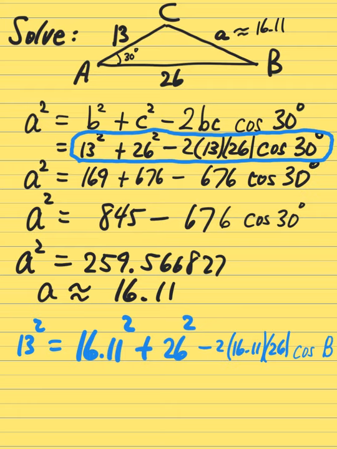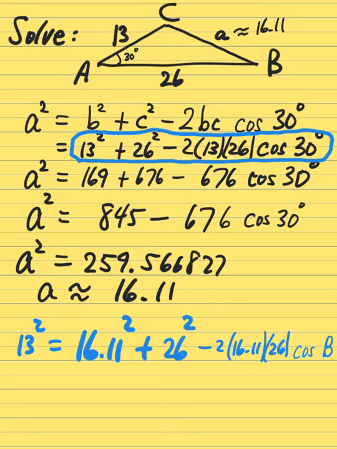All right, so if I don't want to switch slides, I've got to be pretty methodical here. Okay, so I'm going to do 13 squared minus 16.11 squared minus 26 squared.